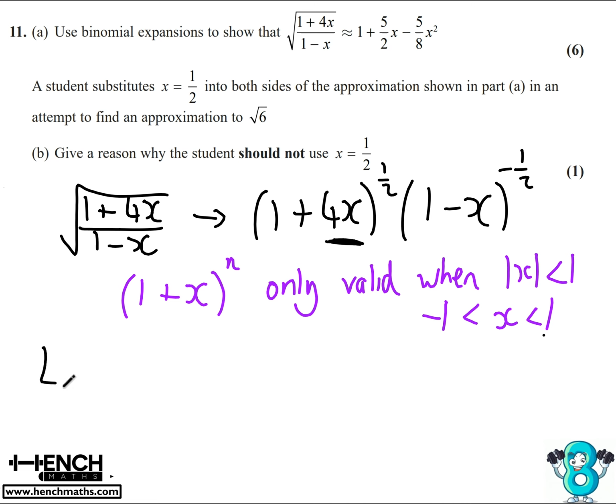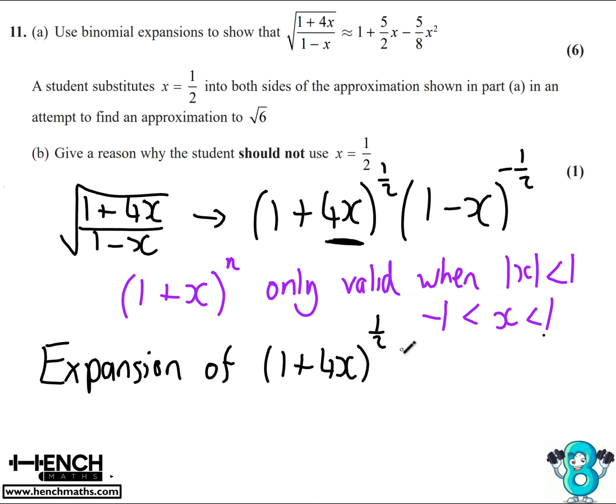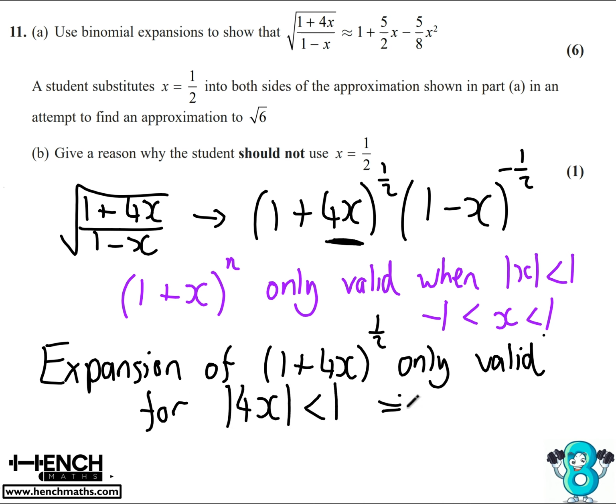So we're going to say the expansion of 1 plus 4x to the power of a half is only valid for, so the difference in this one is not just the modulus of x less than 1, it's the modulus of 4x has got to be less than 1. And that implies that the modulus of x has got to be less than a quarter.